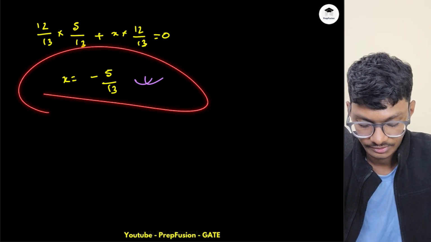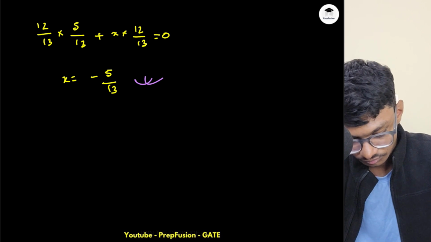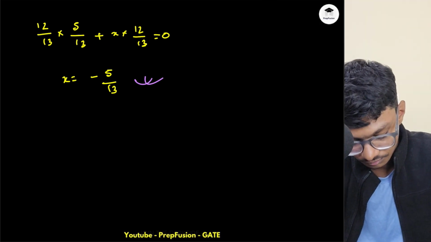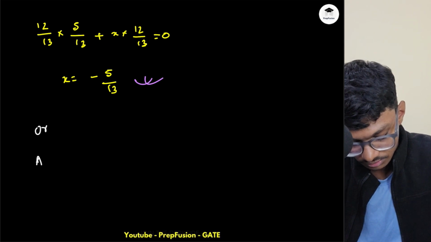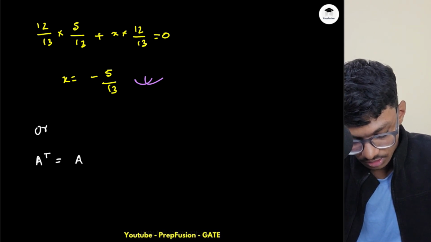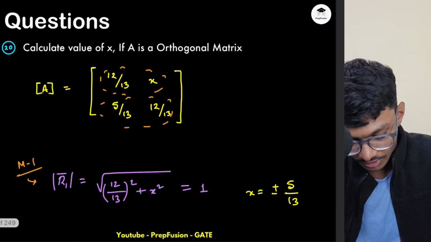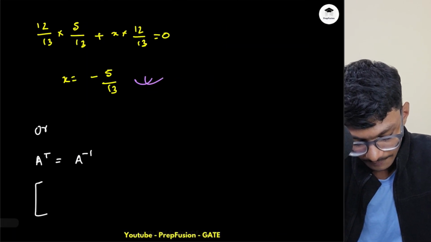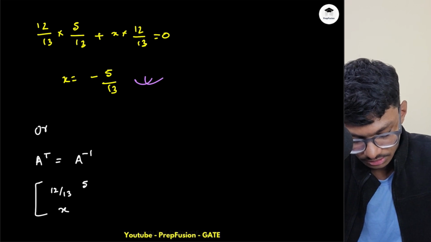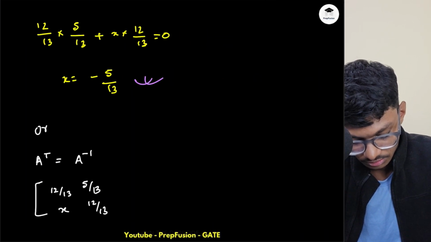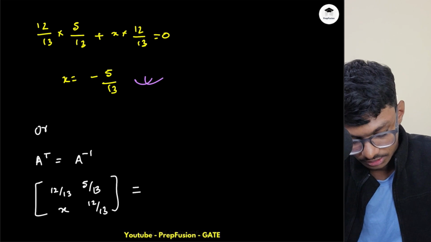So x equals minus 5 by 13. Or you can use A transpose equals A inverse. What is A transpose? A transpose is 12 by 13, x, 5 by 13, 12 by 13, and this equals A inverse.